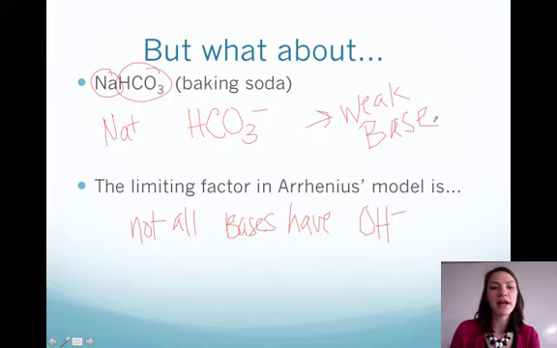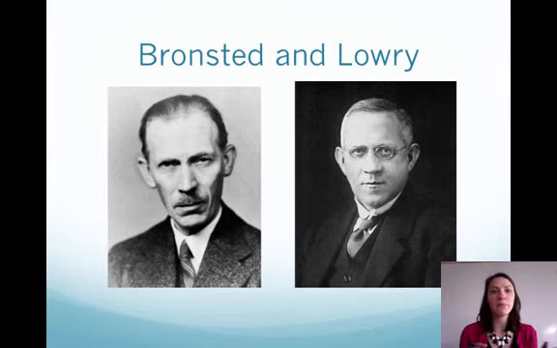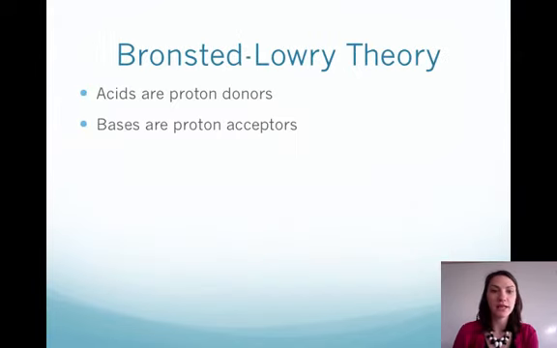All right, so let's learn about what Bronsted and Lowry said. Johann Bronsted was Danish, and Martin Lowry was English, and they were working in different places, and they came up with the same idea. What they said was that acid and base definitions should be about the movement of the proton, the movement of the H plus.